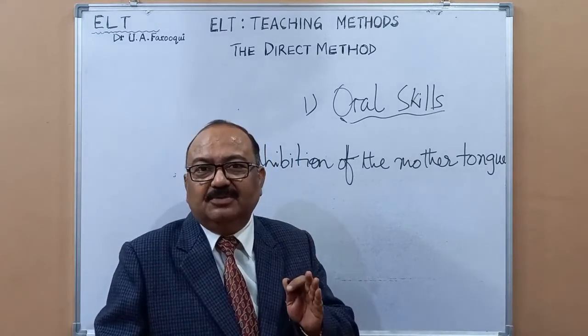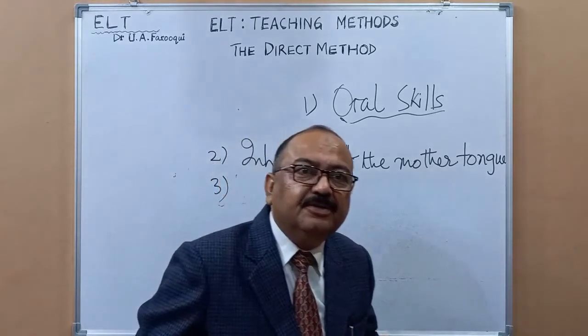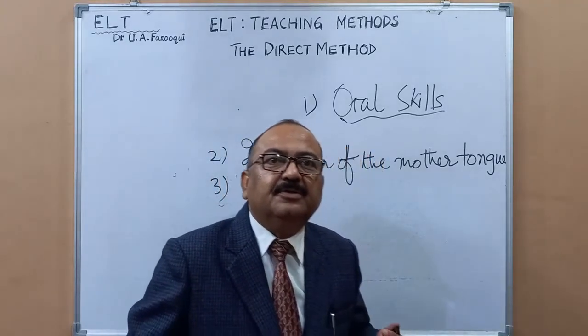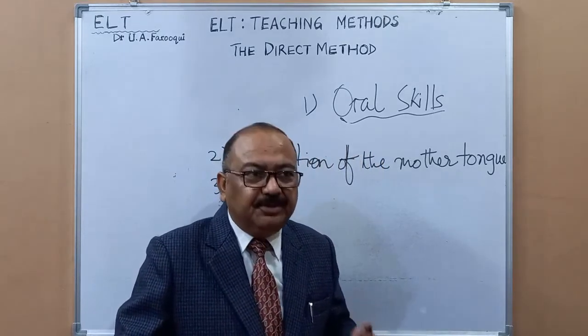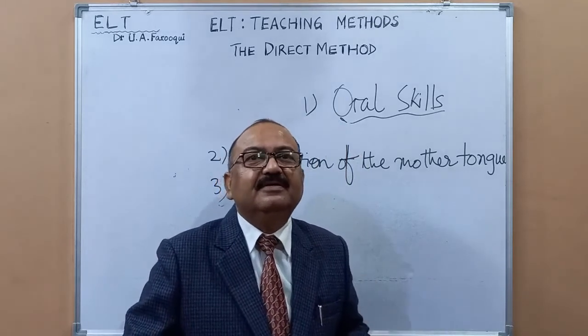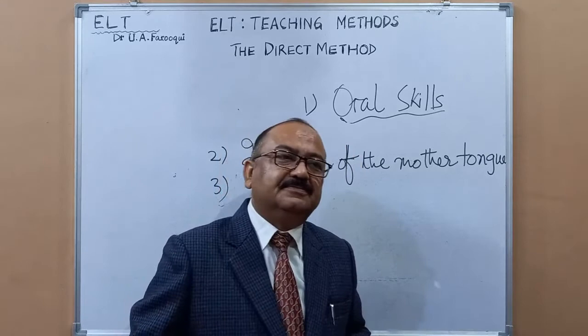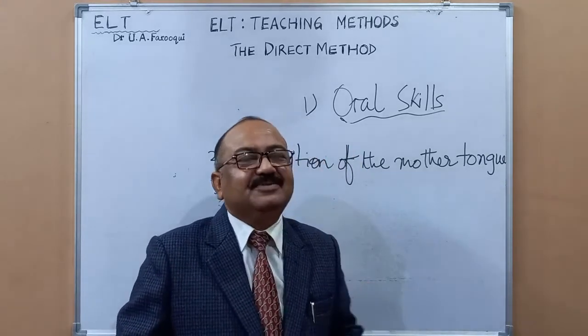Mother tongue is not allowed. It's forbidden. What do you understand by this? That it should not be used in a class where the direct method is being used by the teacher. Very nice.